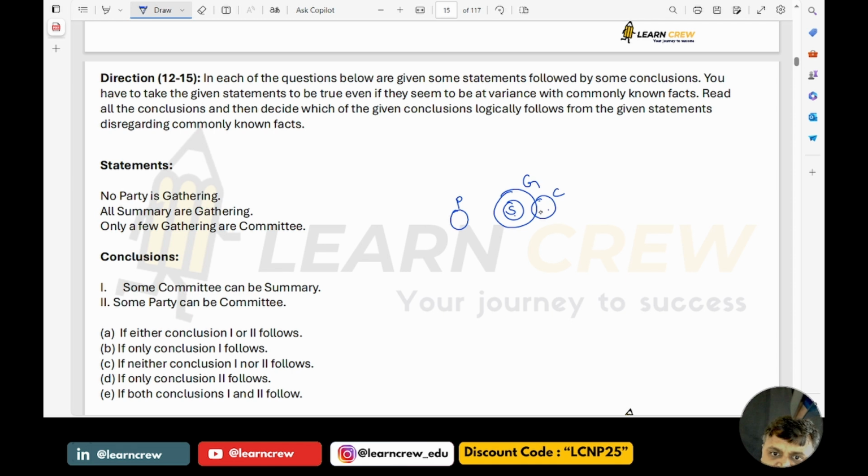Committee can be summary, so these can have intersection. First one correct. Second one, some party can be committee. These two also can have intersection. This and this will not have, but this can have. So both 1 and 2 are correct. So answer is option E.